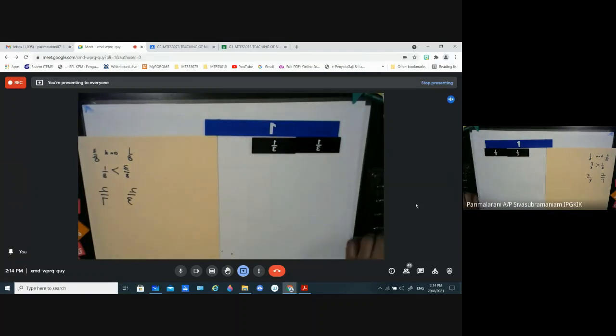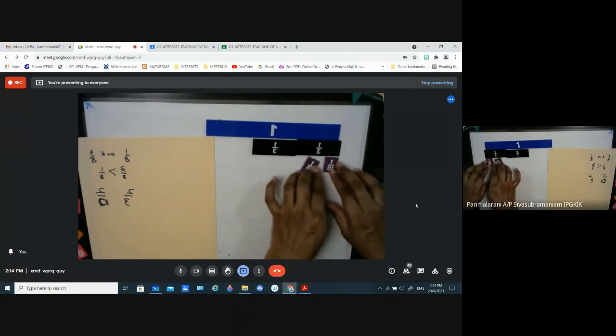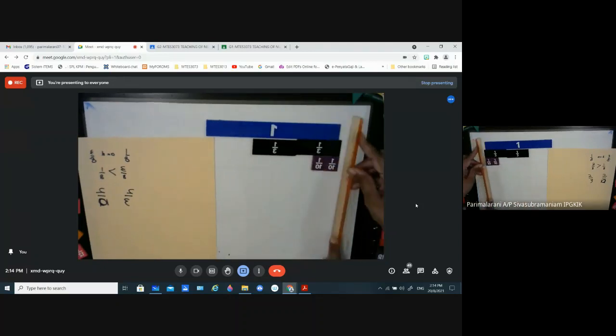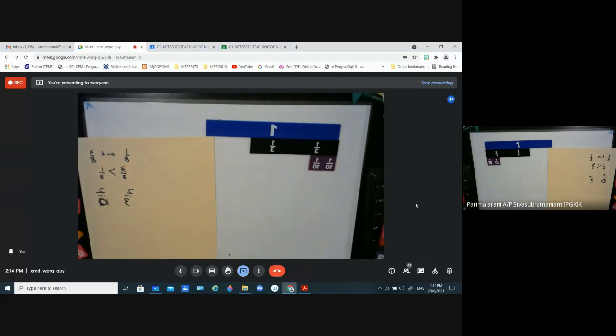I don't have 2 over 7, so I have to change this. Maybe I'll go with 2 over 10. So I need tenths, 2 over 10. From here, students can see that 2 over 3 is greater than 2 over 10.